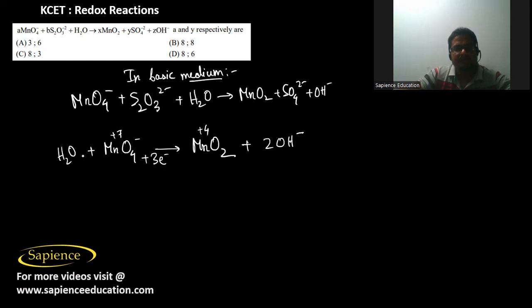Now here we have 5 oxygens and here we have 4 oxygens. So actually here we have to add Z number of OH minus ions.